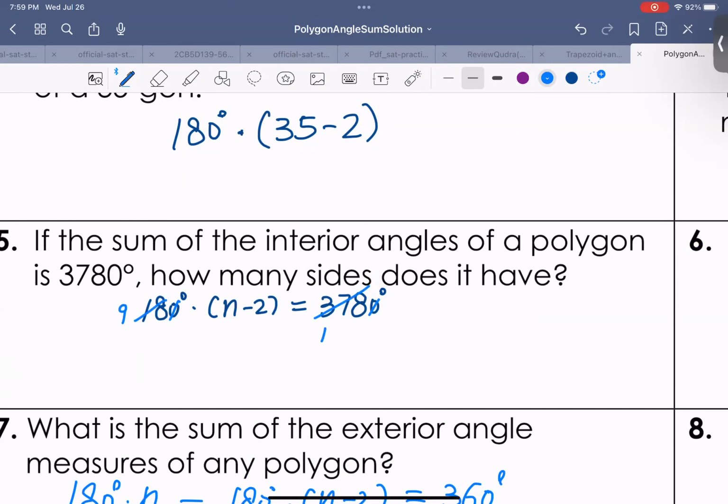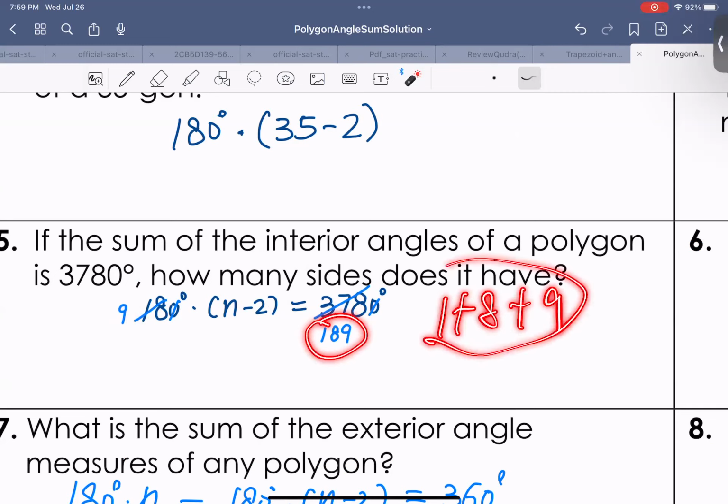164. Really? I don't think so. Oh wait, it's 189. So far so good. And 9 is divisible by 9. This guy, 1 plus 8 plus 9, is divisible by 9.